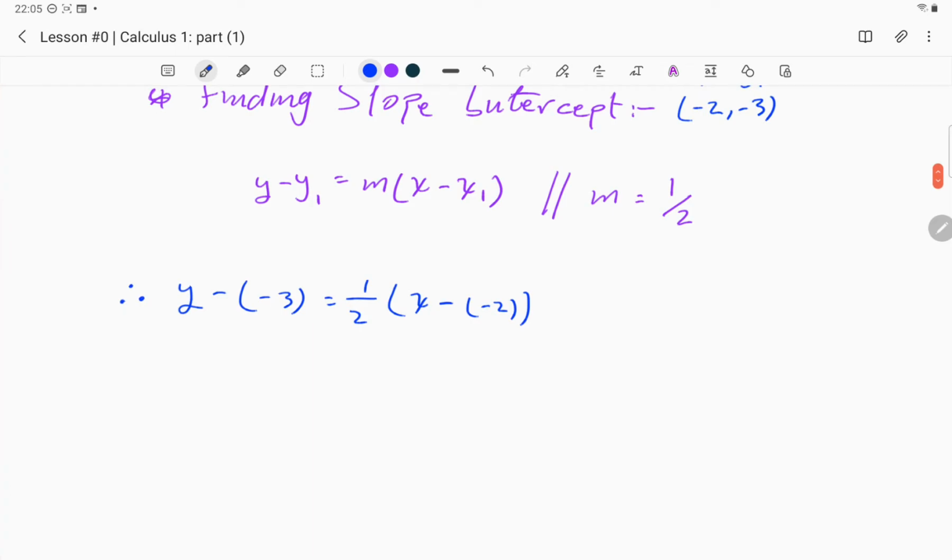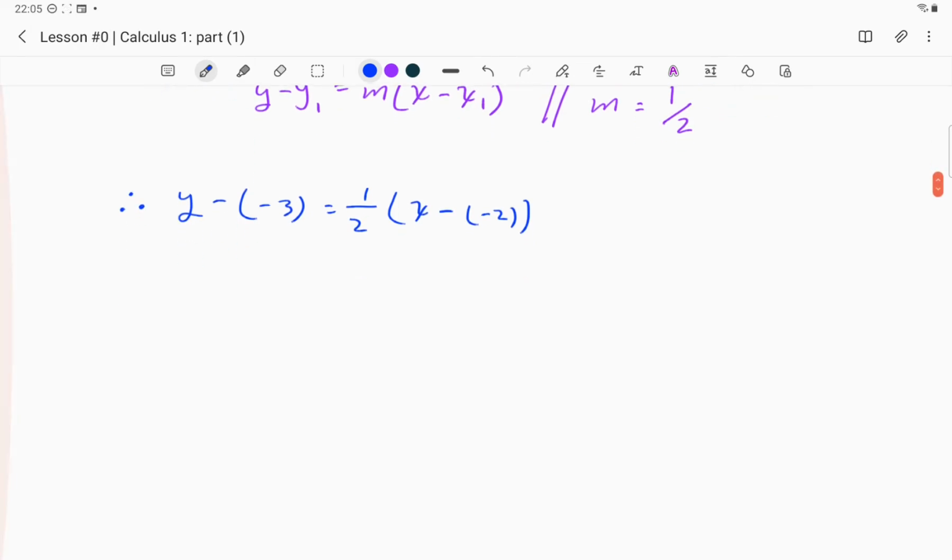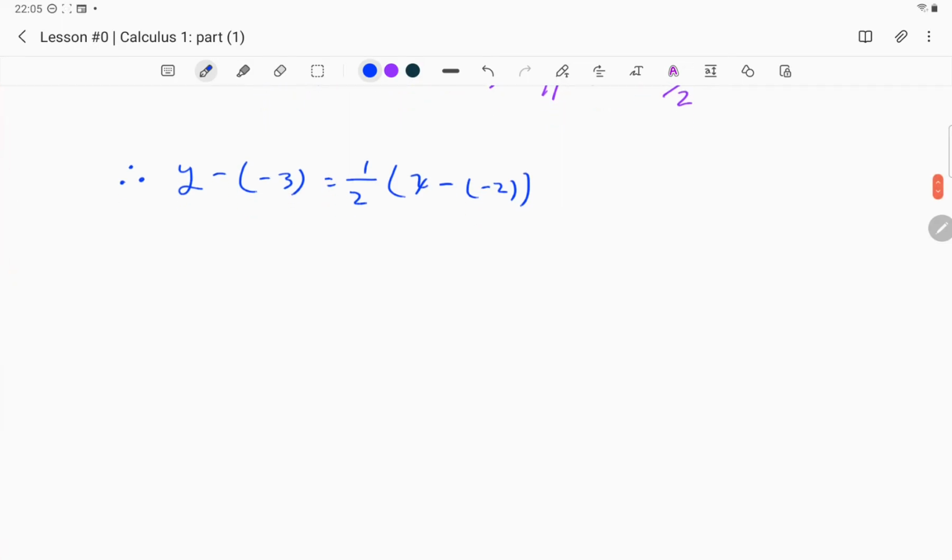Then you just solve for y, because you want the slope intercept, which is the y-intercept form. I'm going to go over it as quickly as possible, because I don't want you to spend so much time. At least it's somewhat summarized, and it's shorter than the actual YouTube video. So let's go ahead and summarize it now.